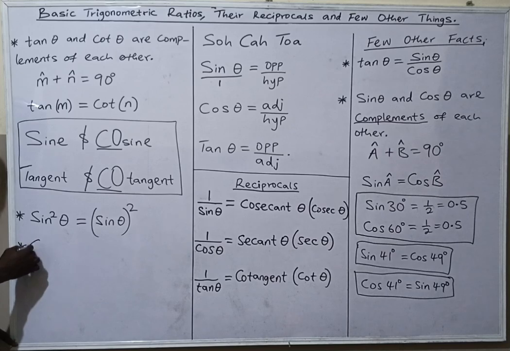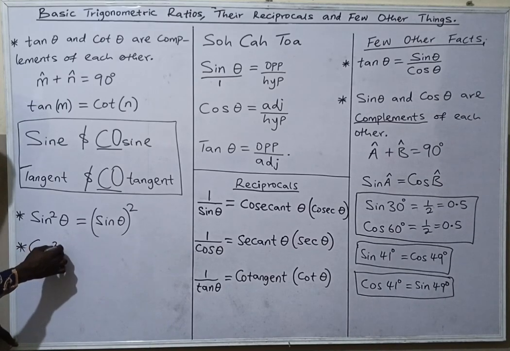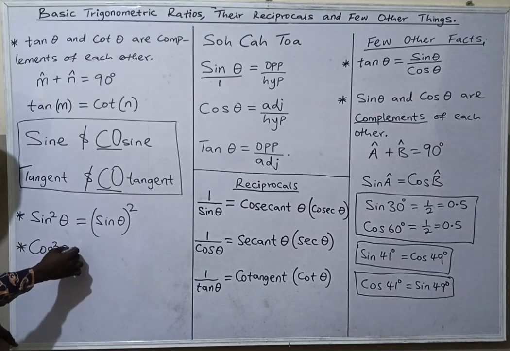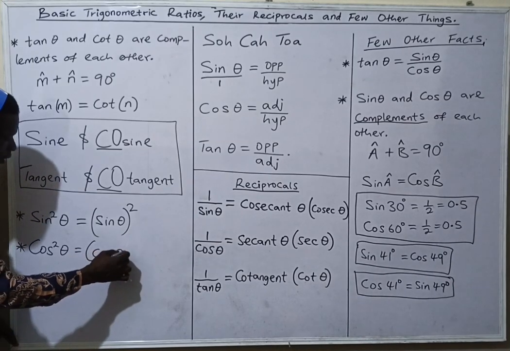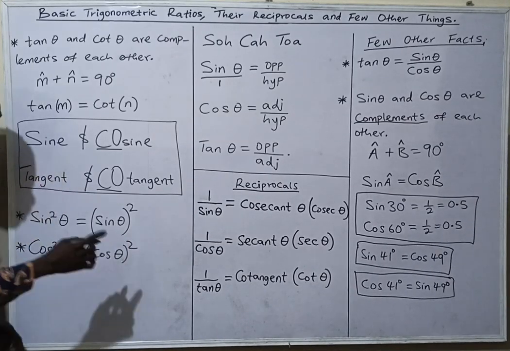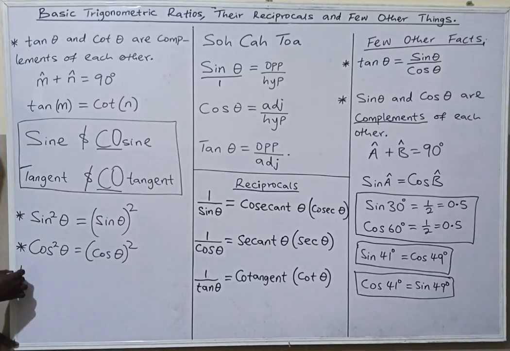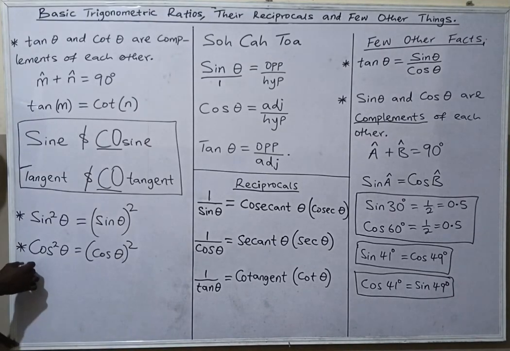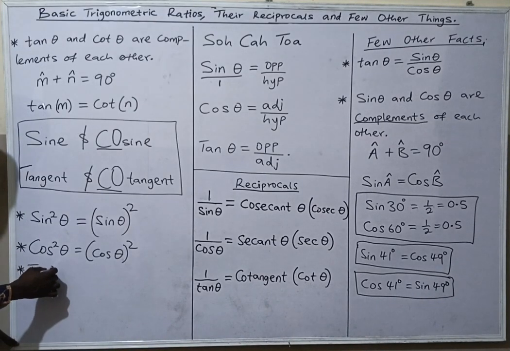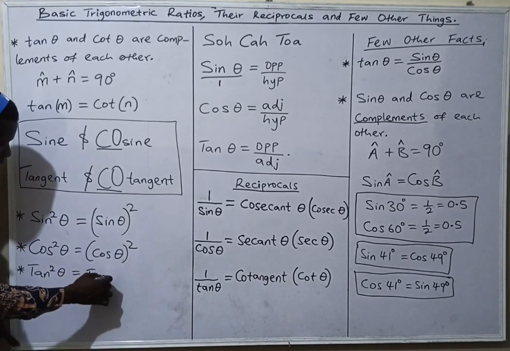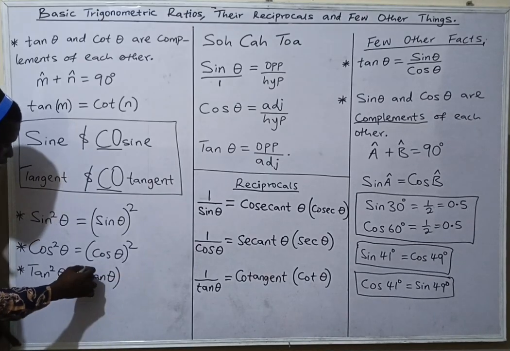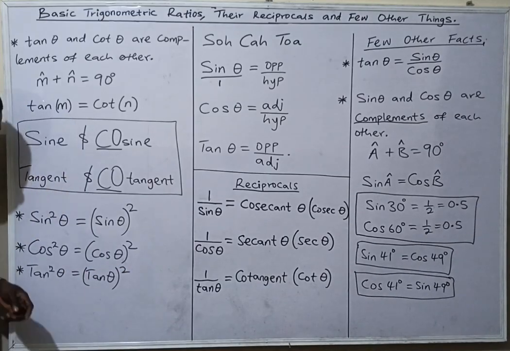Also, when you see cos squared theta, it is same as cos theta being squared, and the same thing is applicable to the last one, which is tan squared theta. Tan squared theta means tan theta, after getting the value of tan theta, then you square it.